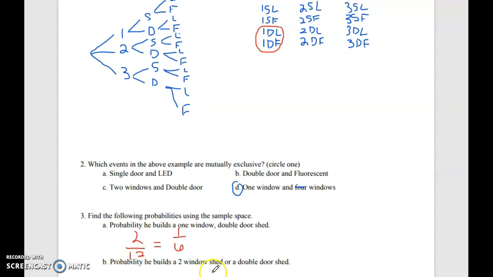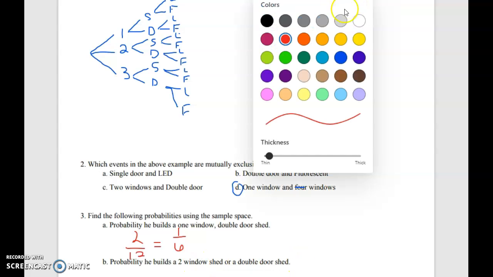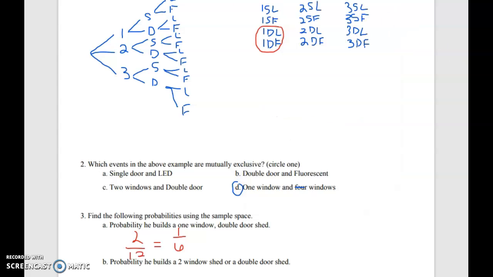What's the probability he builds a 2 window shed or a double door shed? So let's switch colors again. So 2 window sheds, those are all these. This is me using my outcomes. All of these are 2 window sheds. And then I want double door, so I'm going to add to that these guys, because they have double doors, and these guys. So those are all my possible outcomes for either having 2 windows or double door.